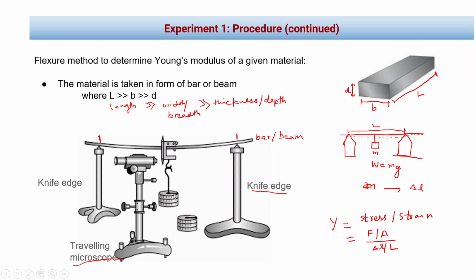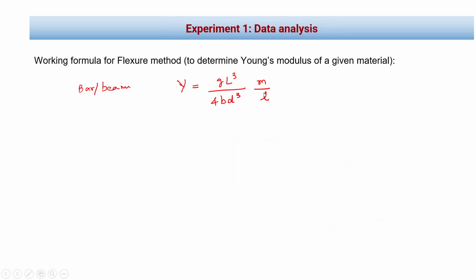Like initially if I started with say 50 gram, later I'll make it 100 gram, then 150 gram. So the mass is changing, and correspondingly the depression will change, which is represented by small l here, the change in the depression.